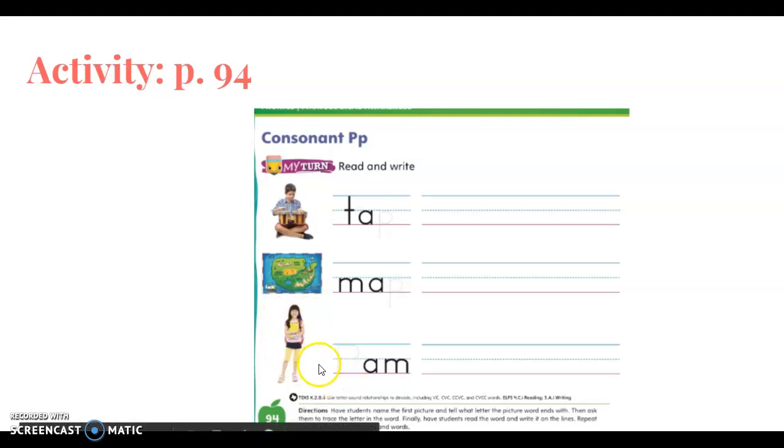That is this girl's name. So we have a capital P because when you have a beginning sound that is also someone's name, you're going to need a capital or uppercase letter P. So we have an uppercase P, Pam.